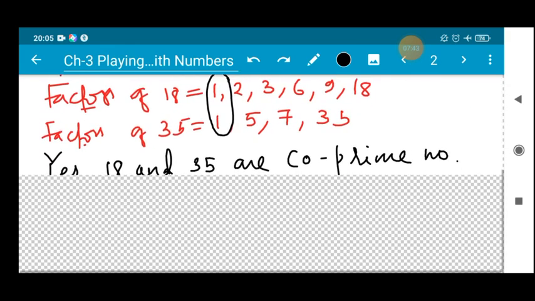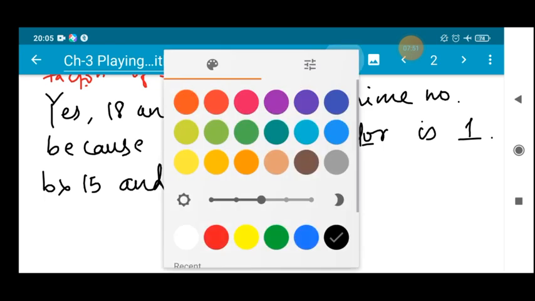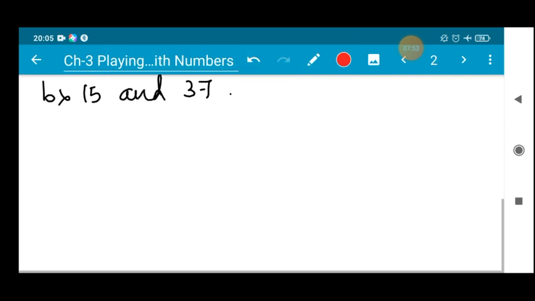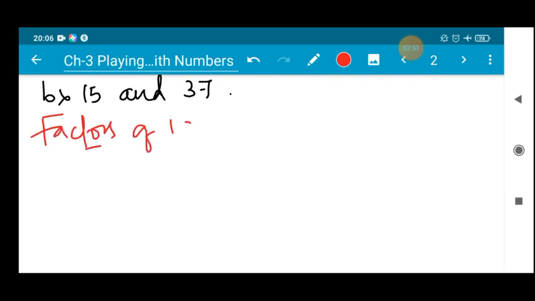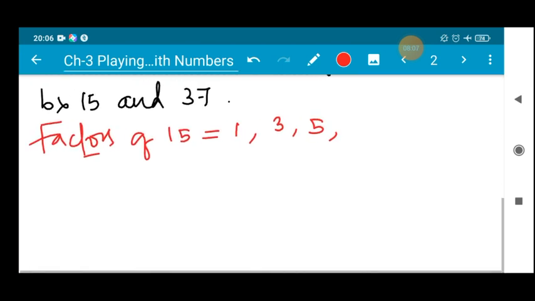Part B is 15 and 37. Similarly, the factors of 15 are 1, then 3 fives are 15, 5 threes are 15, then 15 ones are 15.